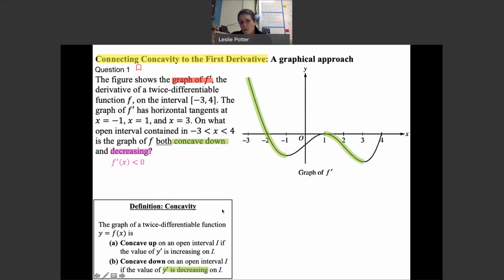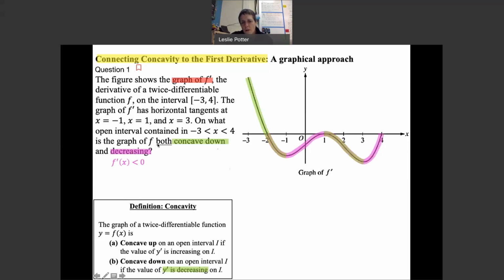So pause the video again and highlight where the first derivative is negative. Okay, so if you're viewing this part of the video, you've already tried this on your own. So the first derivative is negative right here, in quadrants 3 and 4.